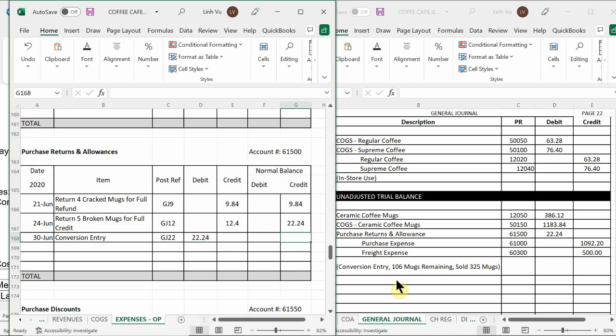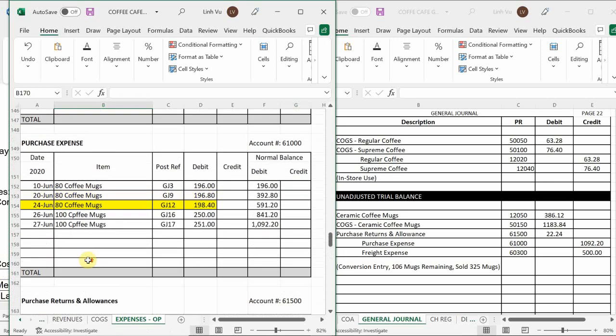So in this case, what should be my account balance? 984? Not 984. If I have 22.24 right now and I'm debiting my account by 22.24, you should have 0.